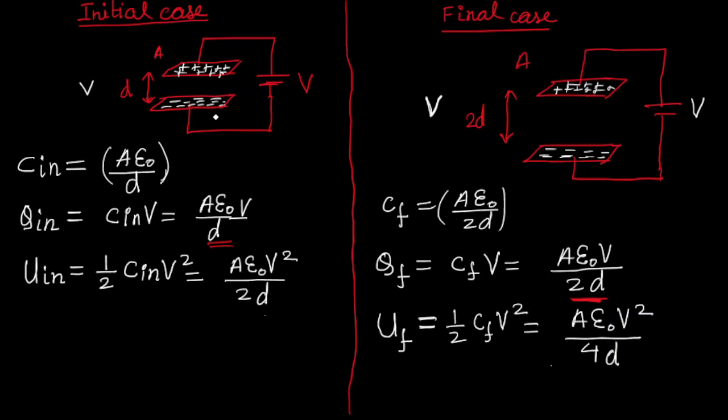But in this case, charge can flow from battery to capacitor or back from capacitor to battery, because this is still a closed circuit. So the voltage remains the same. When you increase the separation, capacitance decreases, and the charge that can be stored on the capacitor decreases, and the amount of charge reduced from the first case to the second case actually flows back from the capacitor to the battery. That's why option C asks how much energy will be transferred to the voltage source.